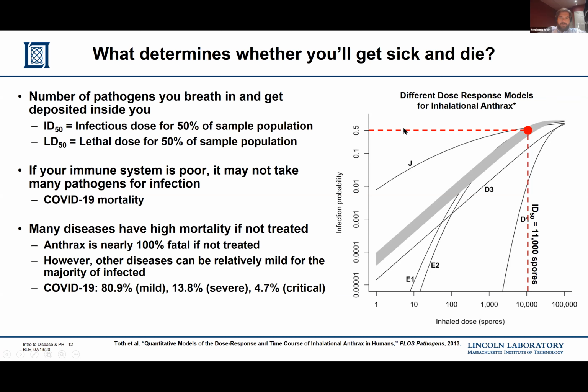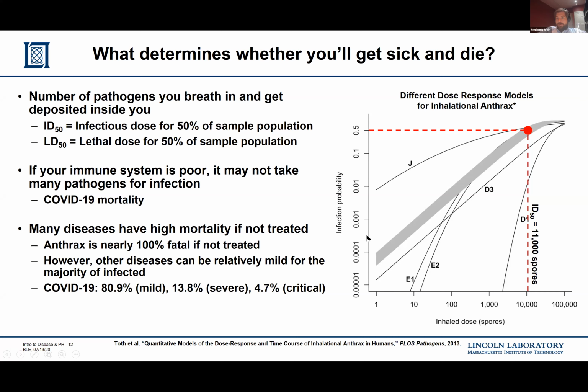At this 50% probability mark, I've drawn a dashed line, and then you move down to the number of spores on the x-axis, and you have 11,000 spores that are needed on average to infect someone with anthrax. Several models have been fit to this because we have a limited number of humans that have actually been exposed to anthrax. So with the limited data that we have, we've tried to fit several different curves through it. Some diseases have more data, some diseases have less data.